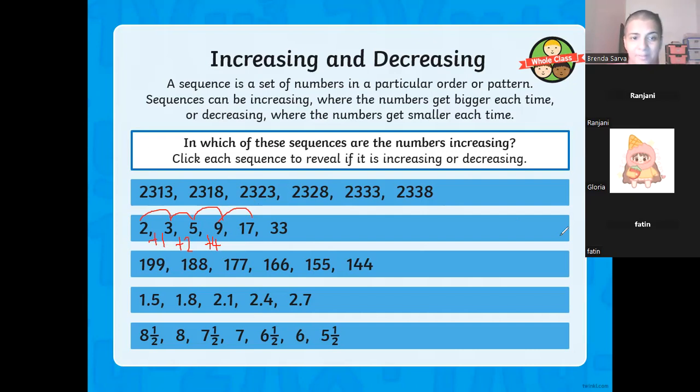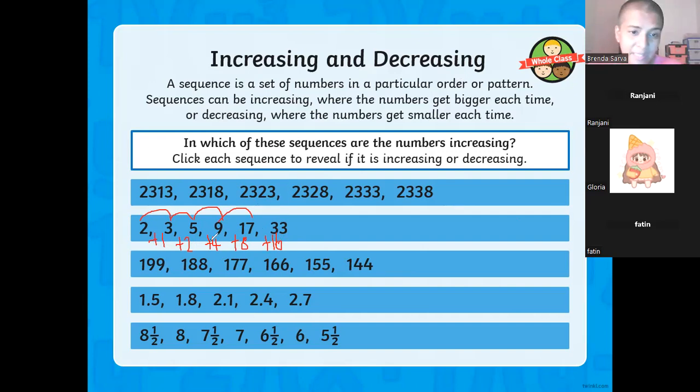Quickly in the chat. Very good. It's going up by 8. And from 17 to 33, how much is it going up by? Very good. So I am adding 16. Can you see this pattern?